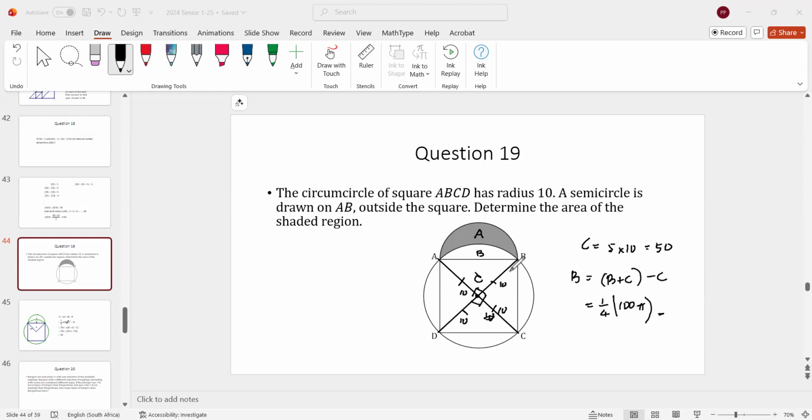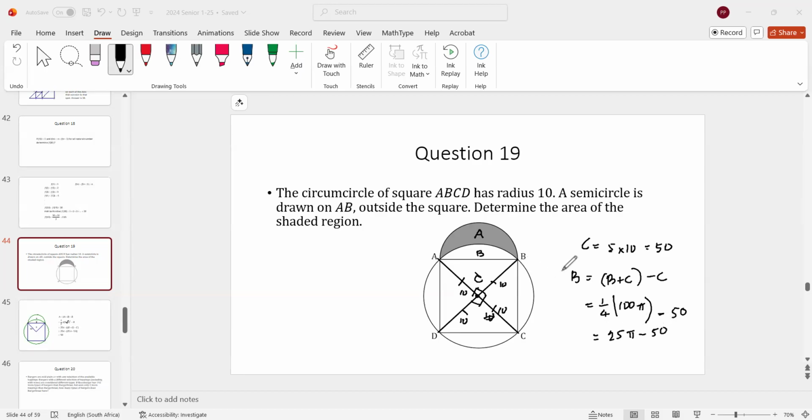Anyway, it's good exercise. The area of the triangle we saw is 50, so B is 25 pi minus 50.